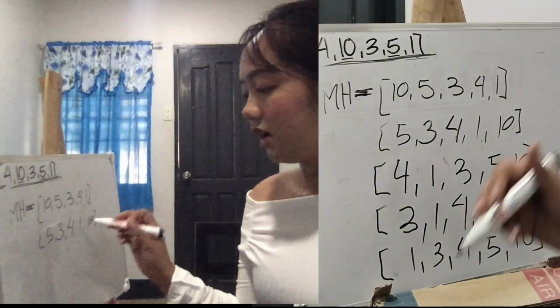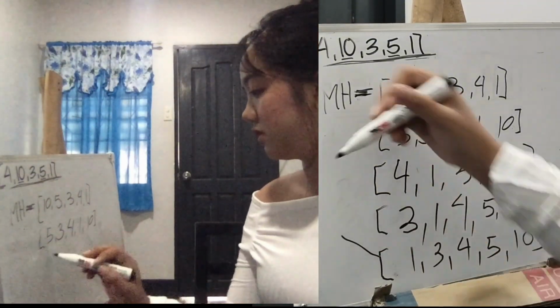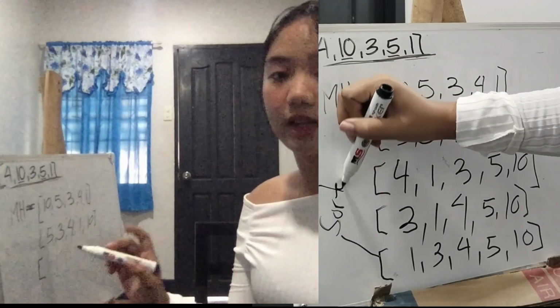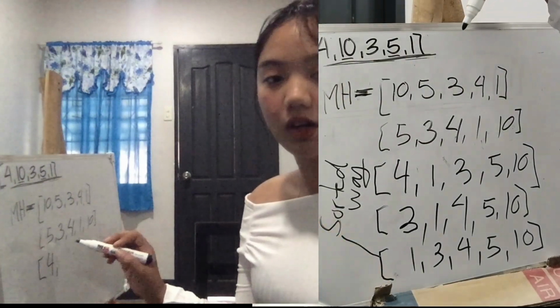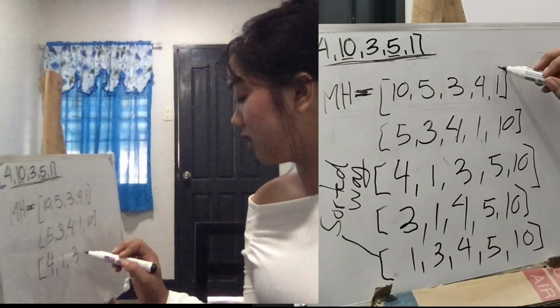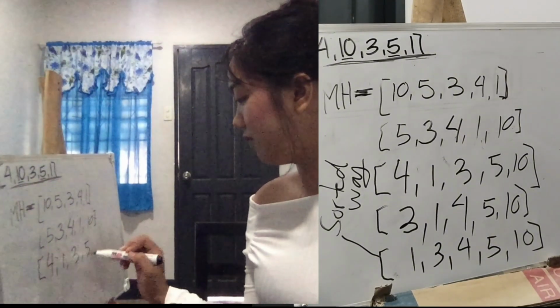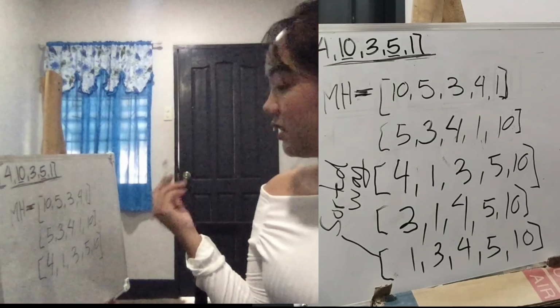And then again, let's swap 5 and 1. And then let's heapify again. 4, 1, 3, 5, 10. That's how you do it.